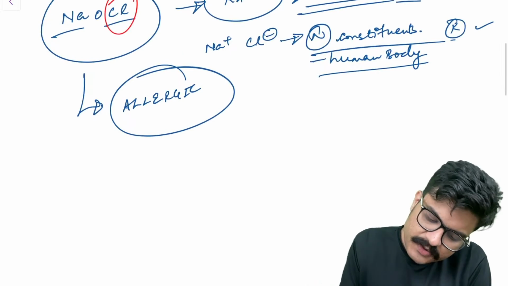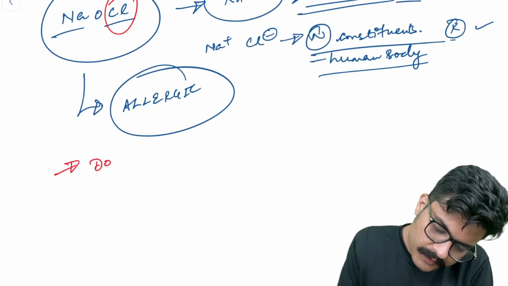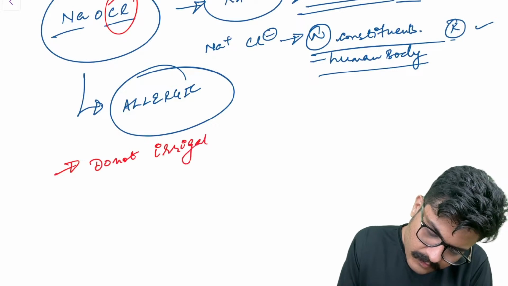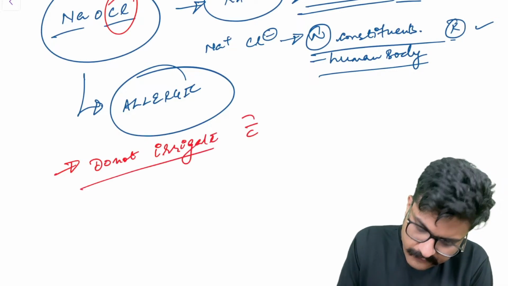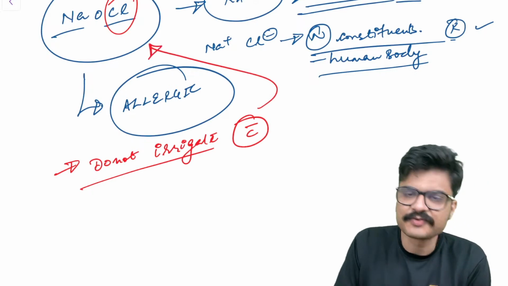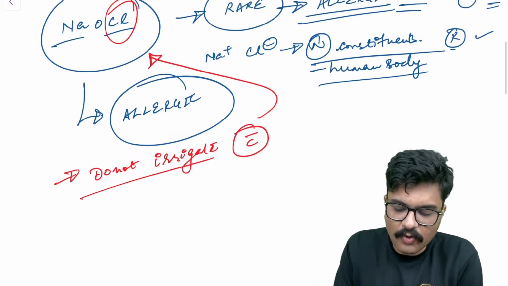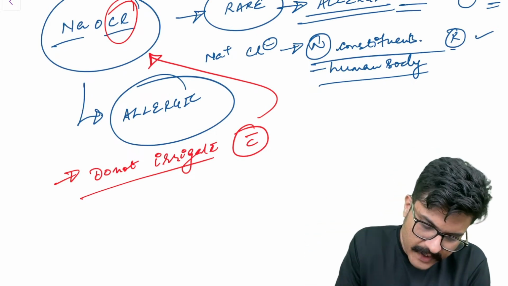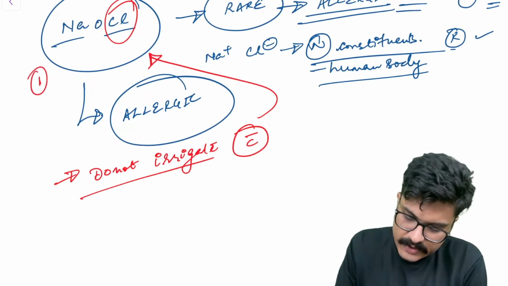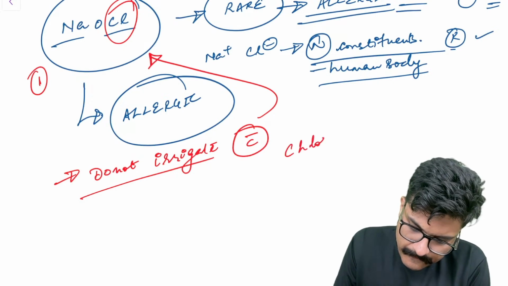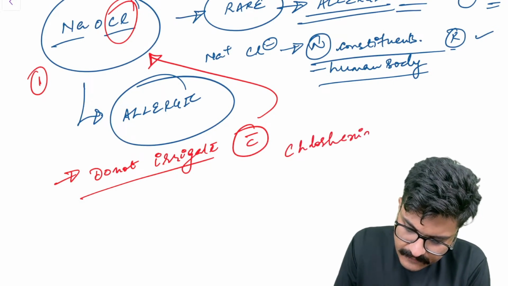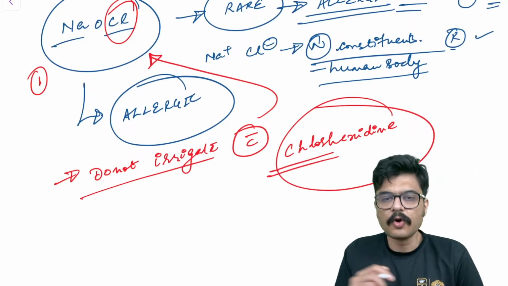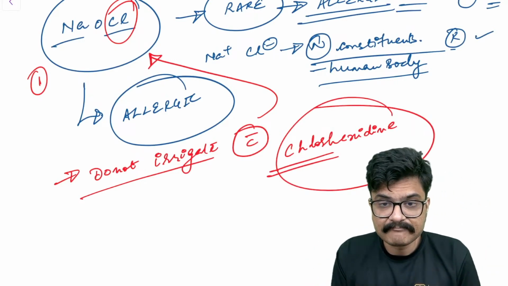So in such a case, do not irrigate with sodium hypochlorite, because you're allergic to that, but also not with chlorhexidine. Why? Because of its chlorine content, guys. Right?